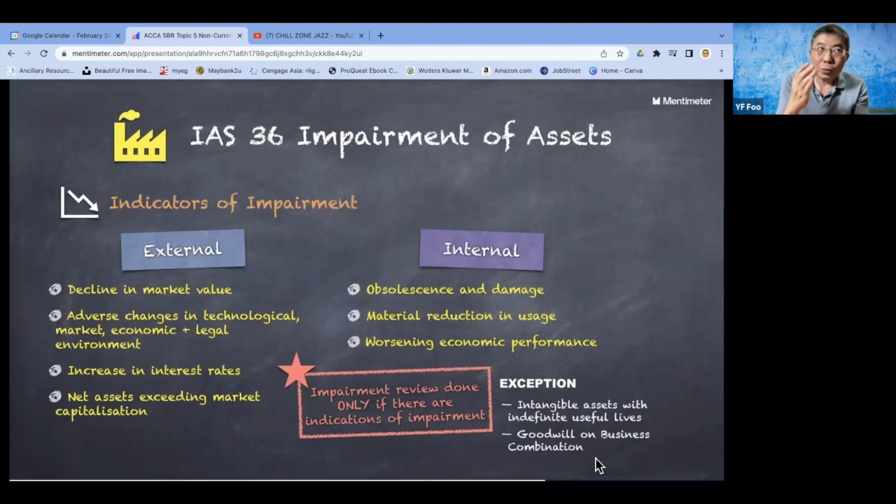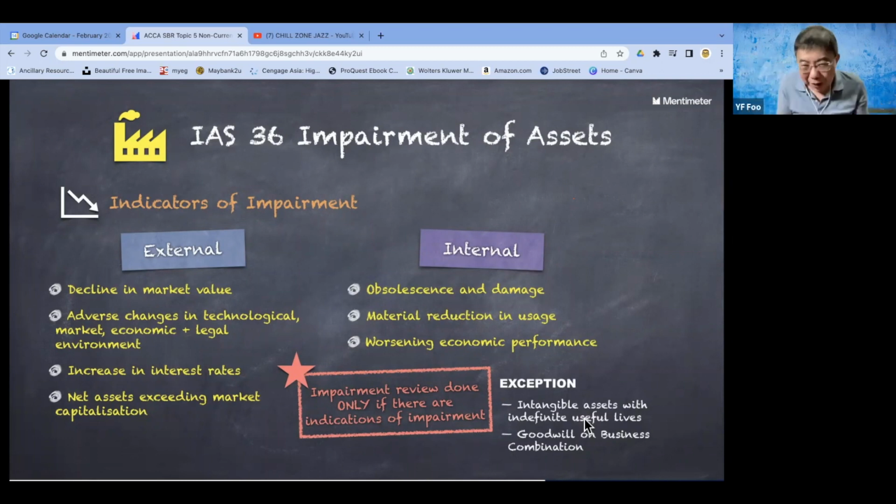Goodwill that arises when you acquire another company normally has an indefinite useful life. You won't know when you use it up because you cannot see it. As a result, you don't know the useful life, and therefore you are not allowed to amortize. If you're not allowed to amortize, then again, you will have to do an impairment test every year.